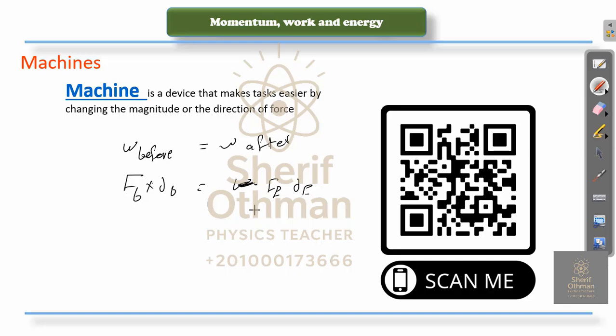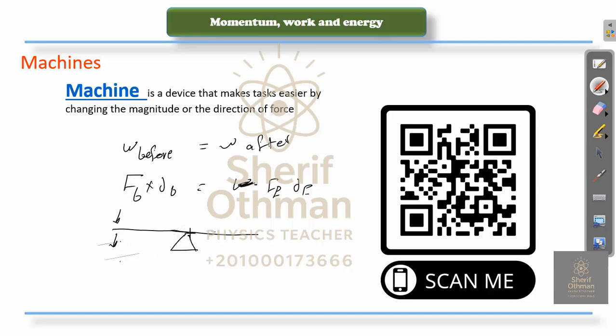How does the machine save effort and change the force while the work itself is conserved? Let's say we have a machine like the seesaw, which is a simple machine. Applying a force here does work on the machine to make the seesaw move downward, depending on the arm of rotation.